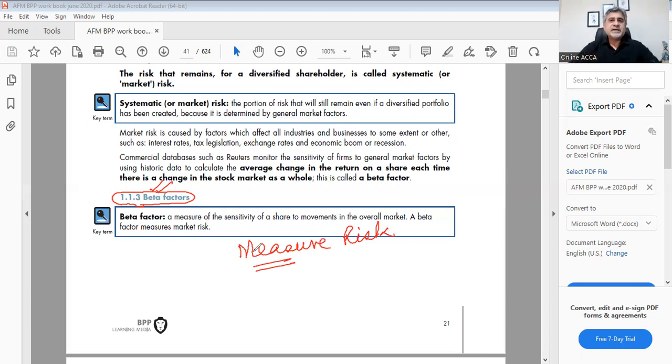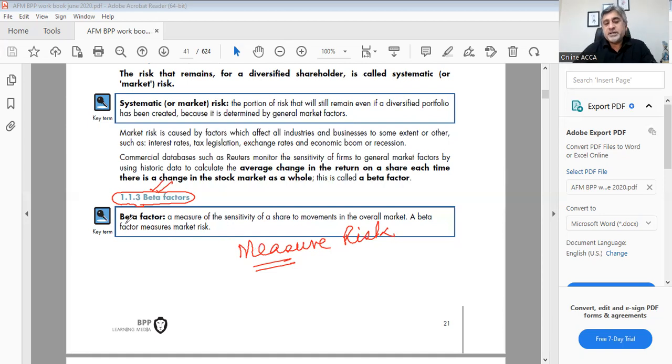When I said that the restaurant business is riskier than the supermarket, you should ask me, how do you say that? And if it is riskier, then how much is it? Is it 5% riskier, 10% riskier, 20%? So there should be some measure.